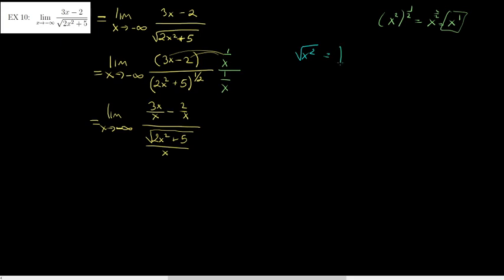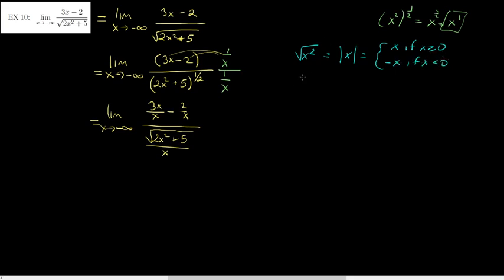What you actually get is the absolute value of x, which, if you remember, is x if x is positive or 0, and negative x if x is less than 0.